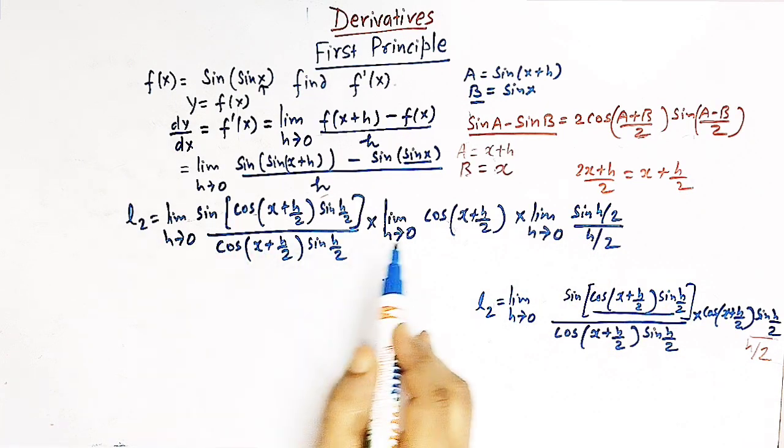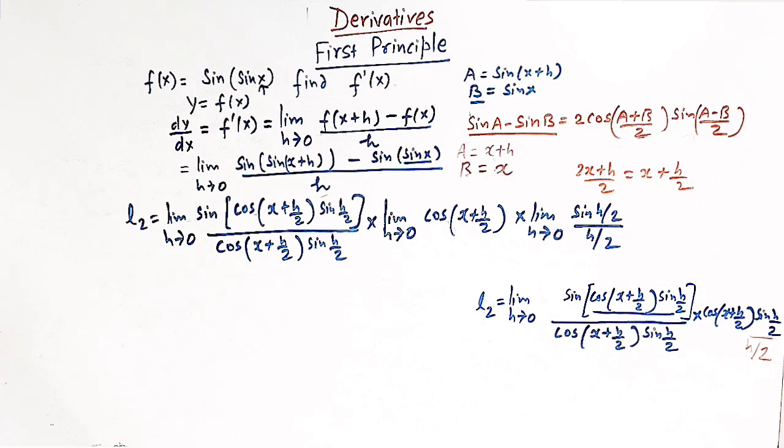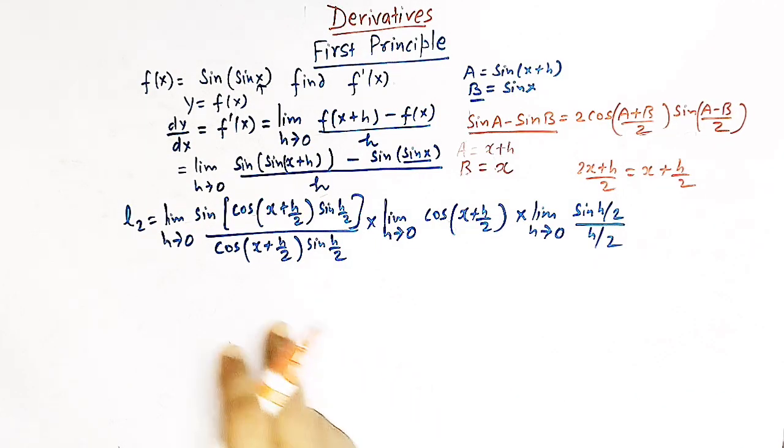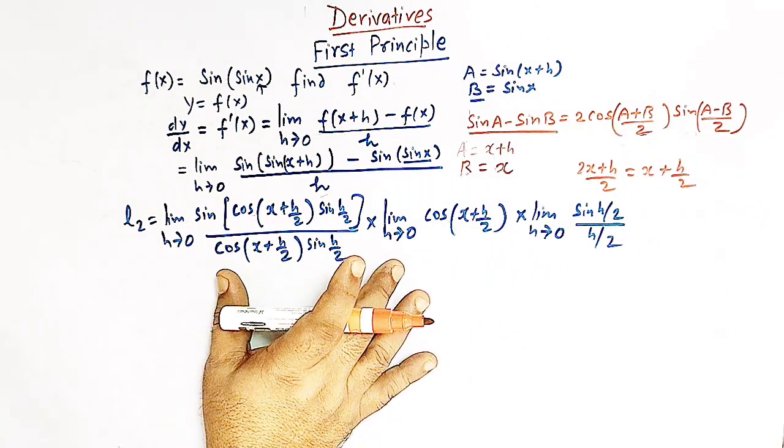So now we have the product of three limits. So now let us evaluate these three limits one by one.